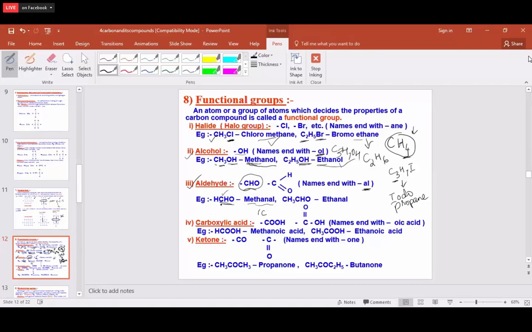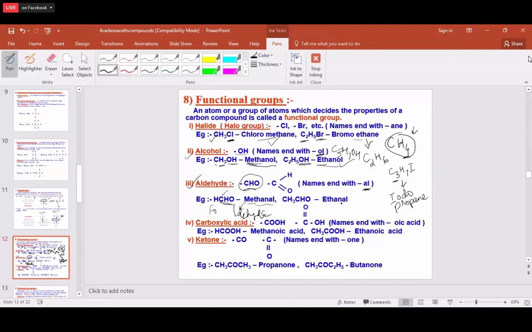On this carbon atom, there is a double bond with the oxygen, a single bond with hydrogen, and one more bond we place with hydrogen. This methanal is otherwise known as formaldehyde. Formaldehyde is very good as a preservative for biological specimens. HCHO is the formula.